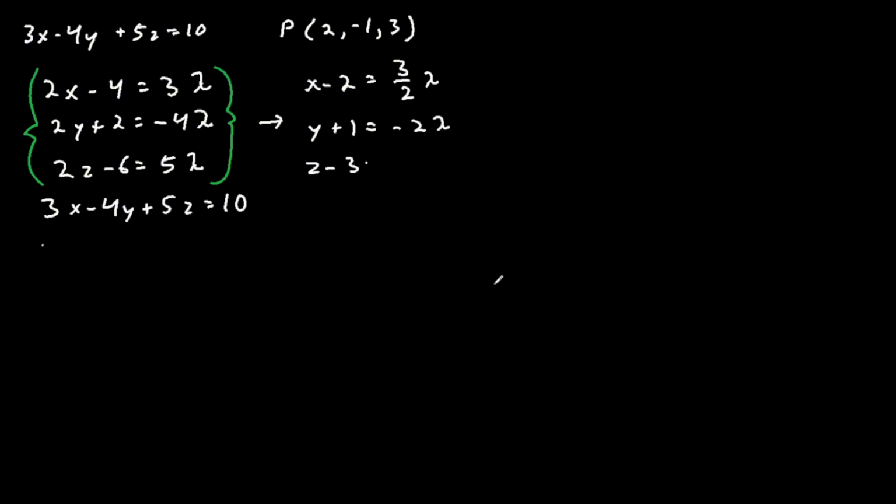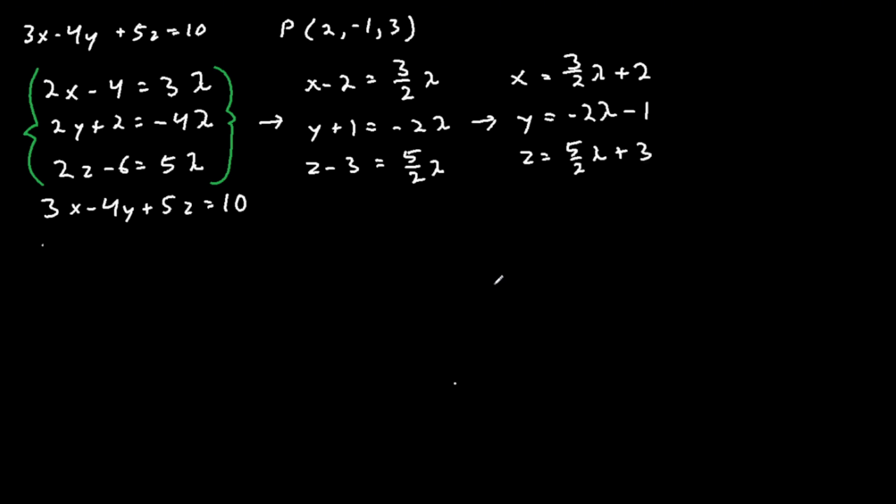And z minus 3 is equal to 5 over 2 lambda. Just isolate our variables even more, and then you get this: y is equal to negative 2 lambda minus 1, and z is equal to 5 over 2 lambda plus 3.